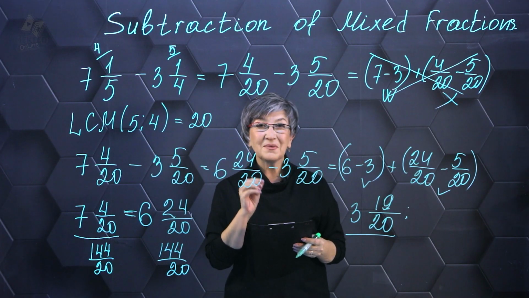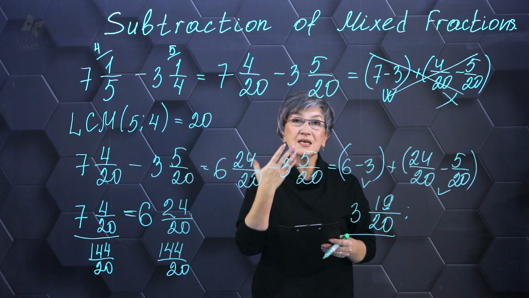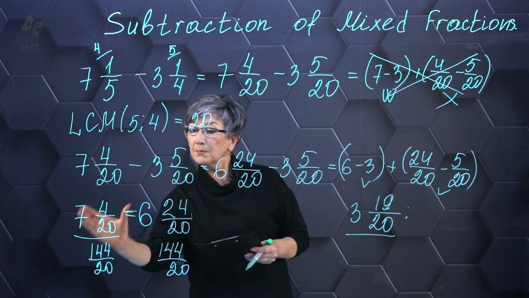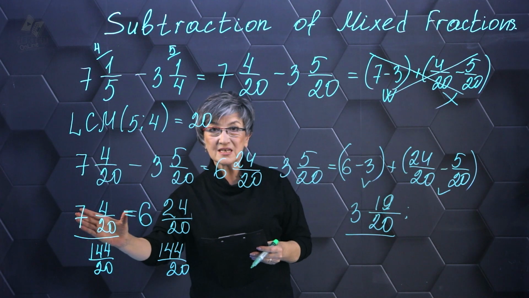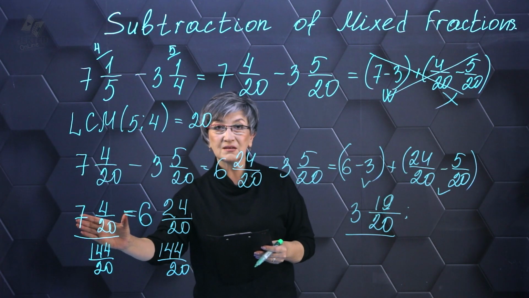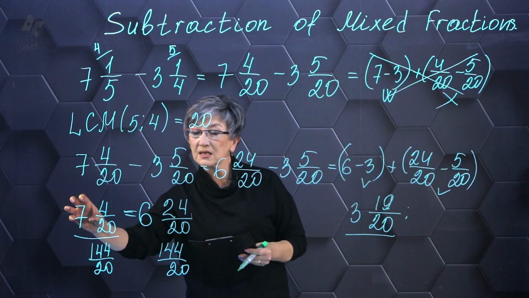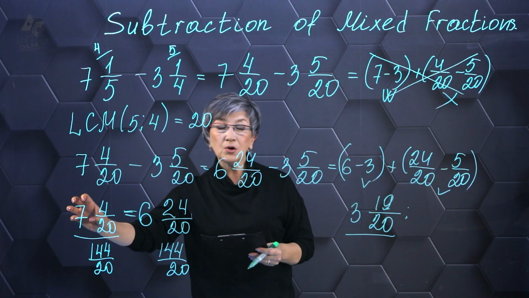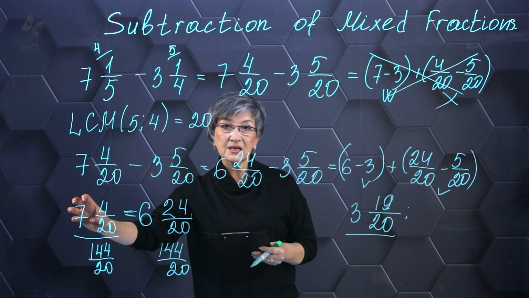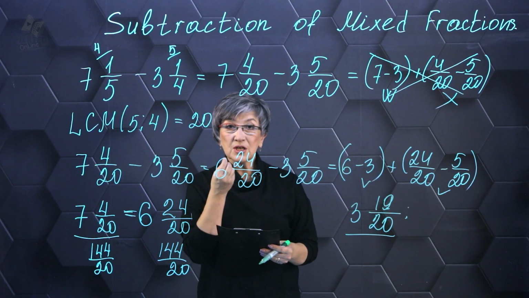So let's pay attention to what we've done. Now, there was a mixed number of 7 and 4/20. I can take away from that whole number as many whole parts as I want, but I only need one whole part.